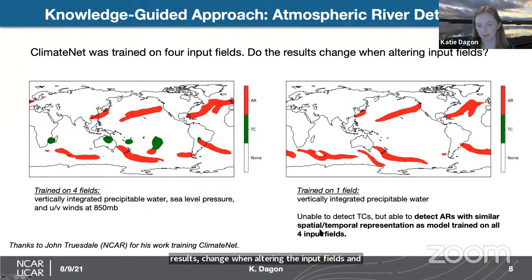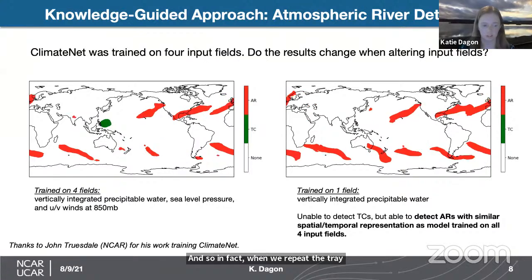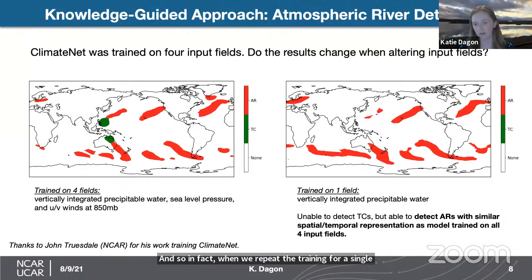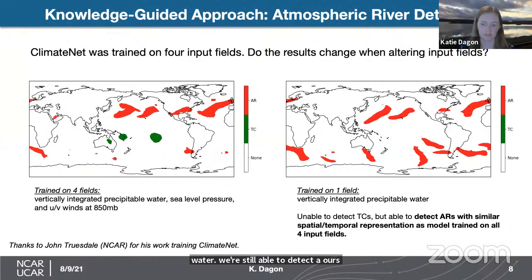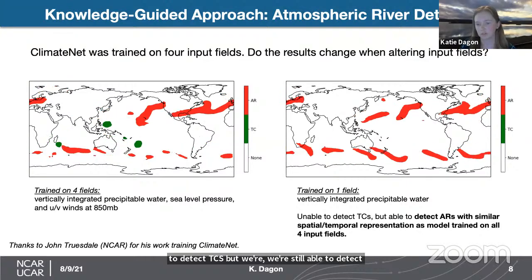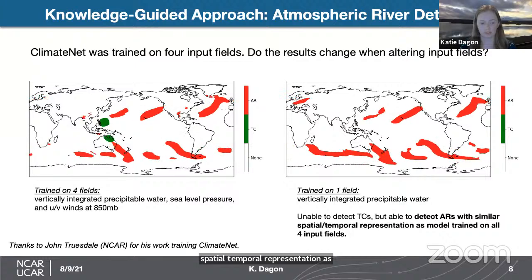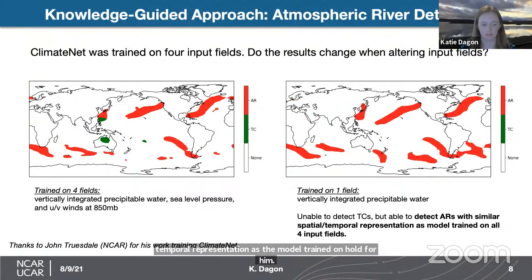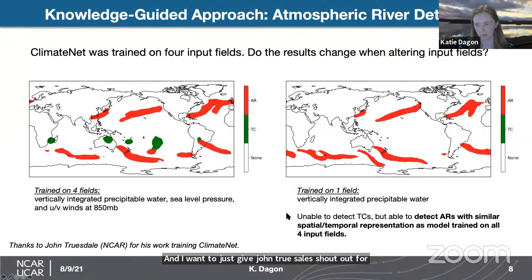And so in fact, when we repeat the training for a single input field, just the vertically integrated precipitable water, we're still able to detect ARs. We're not able to detect TCs, but we're still able to detect the atmospheric rivers with similar spatiotemporal representation as the model trained on all 4 input fields. And I want to give John Truesdale a shout out for his help retraining the algorithm here.